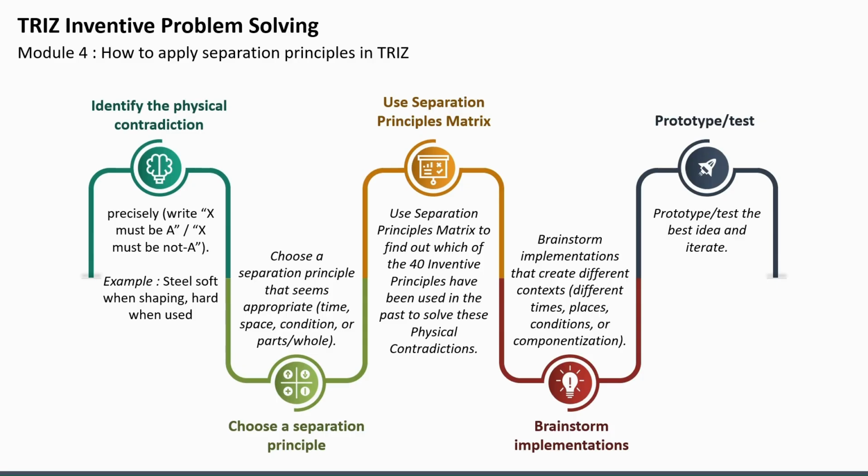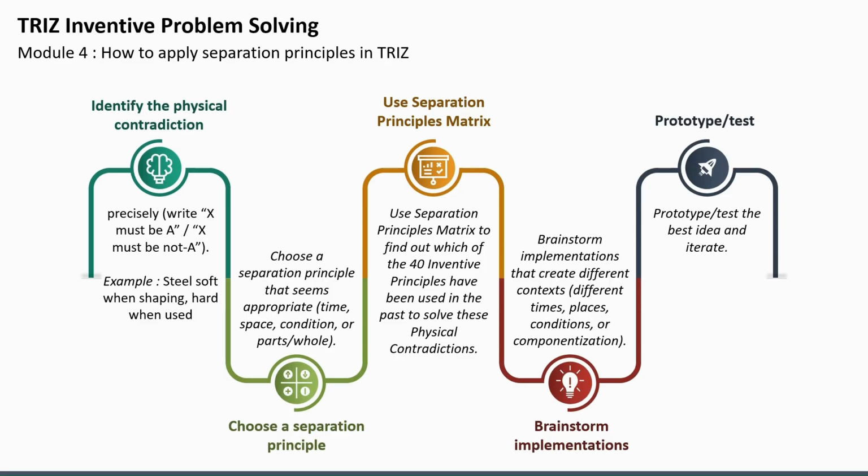We are planning to come up with one example case study or scenario based video as our next video, where we will start with a practical problem statement. From that practical problem statement, we will try to frame a technical contradiction, followed by a physical contradiction. Then I will show you an example of how the technical contradiction can be resolved by using a contradiction matrix. Similarly, the physical contradiction can be categorized as one of the separation principles.